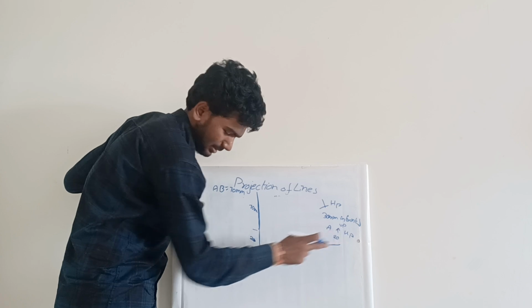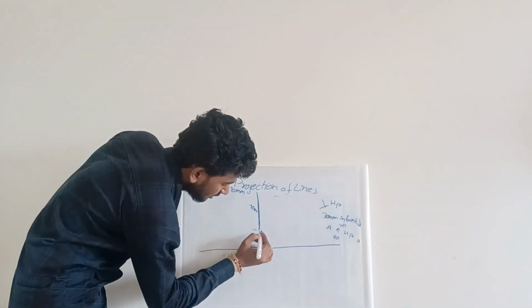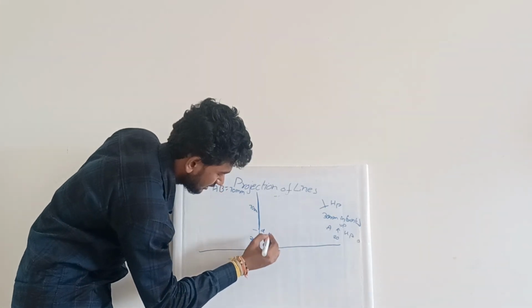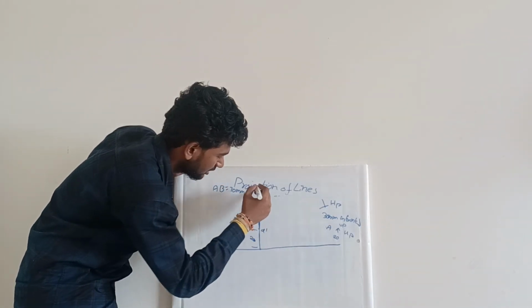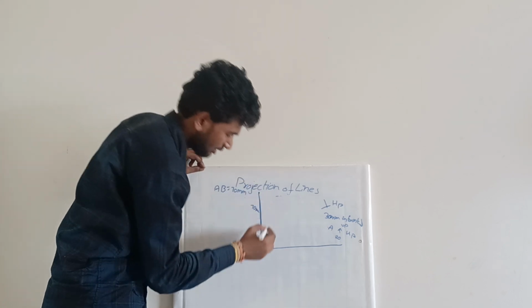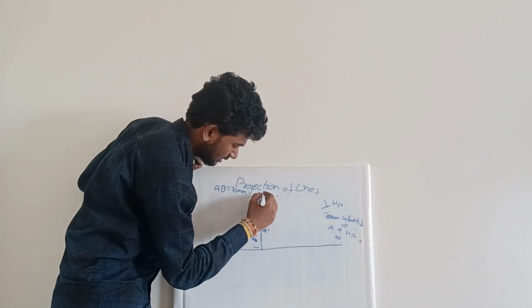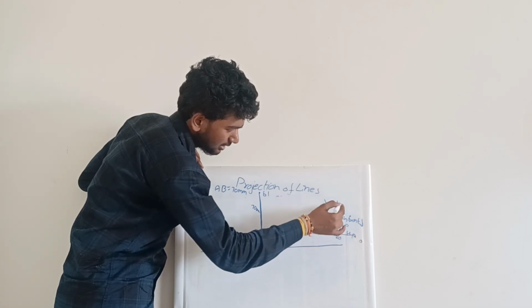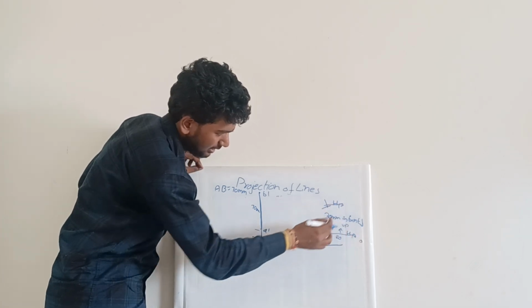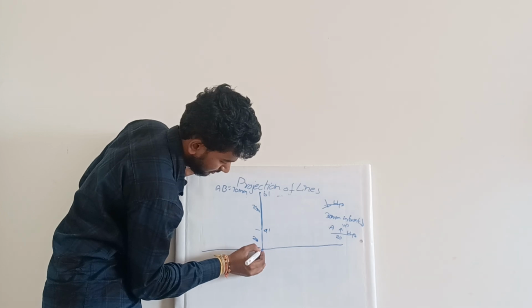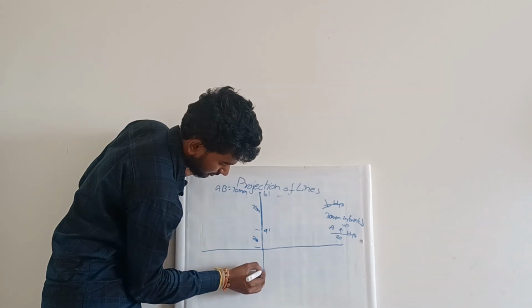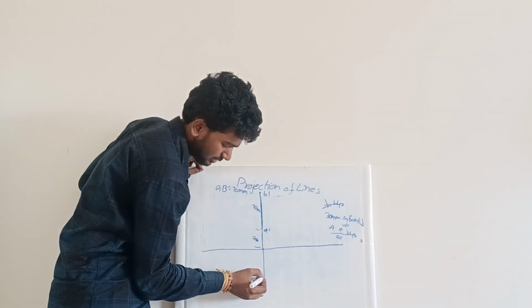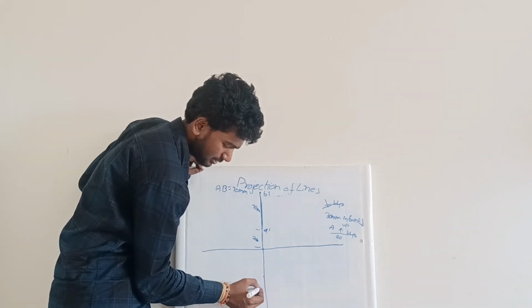A is 20 mm above the HP. Here A is in the horizontal line, so we have to keep a slash. Next B dash. We have used this and this. This is remaining, 30 mm in front. This is 30 mm. And next we have to prolong it.